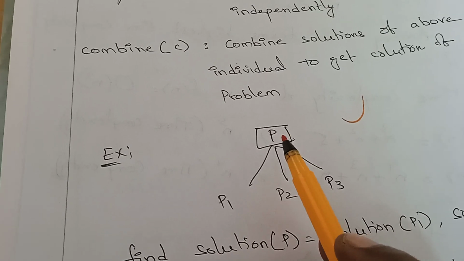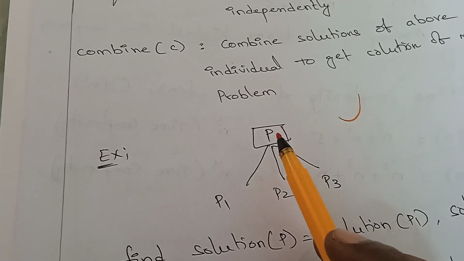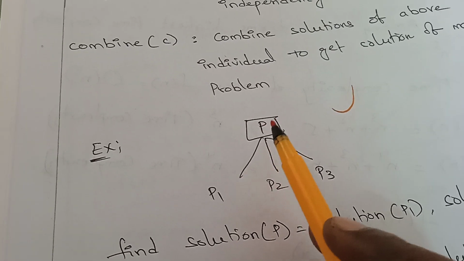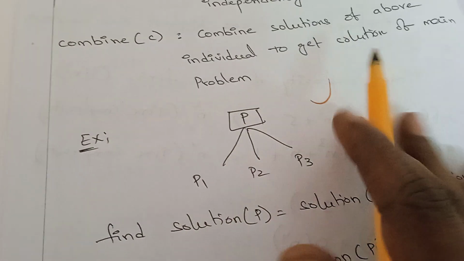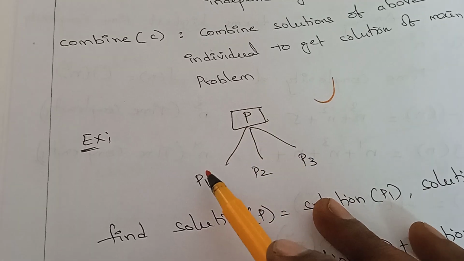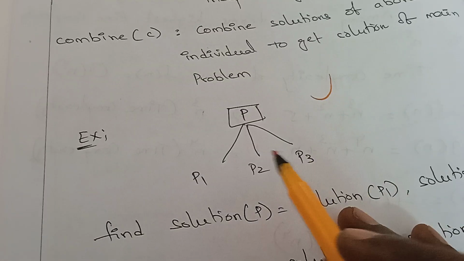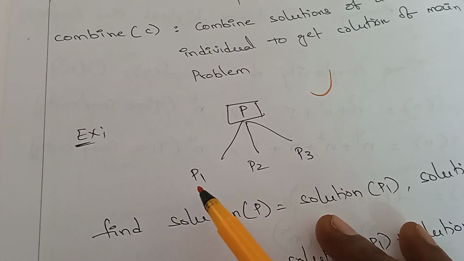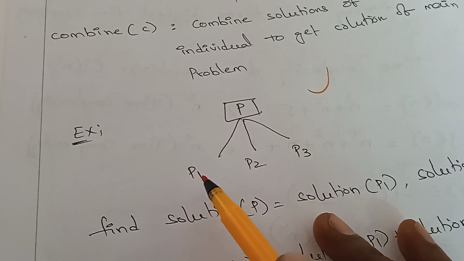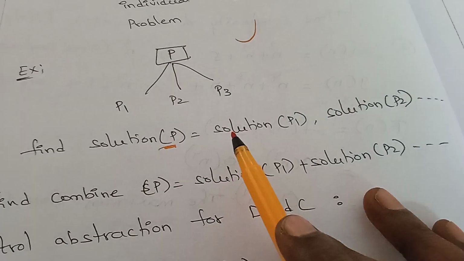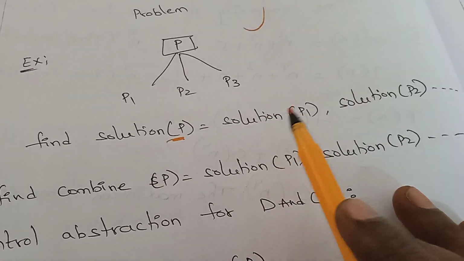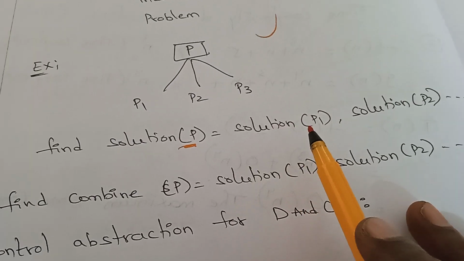Now let's look into this. This is the main problem. If I find this problem is not a single one, it's a very large problem, then that large problem will get divided into smaller pieces or smaller subtasks. Each subtask gets solved independently. To get the solution of P, we divide it into P1 and P2, and conquer the solution of P1 and P2.